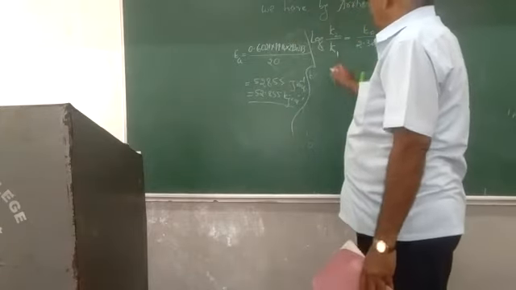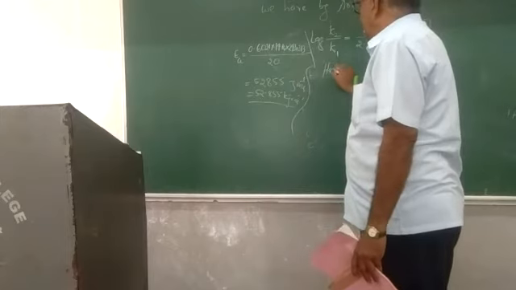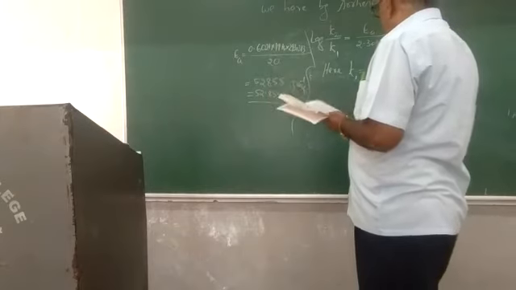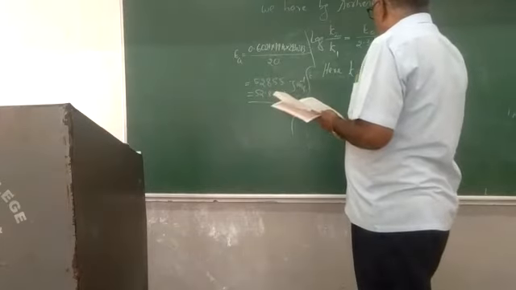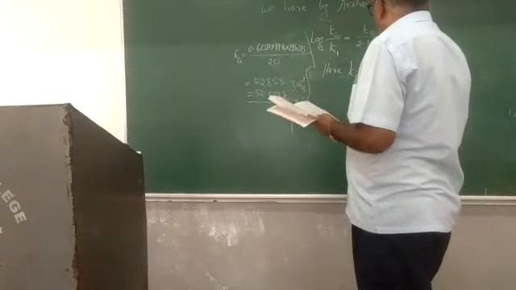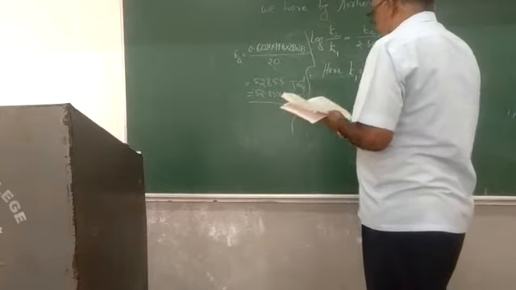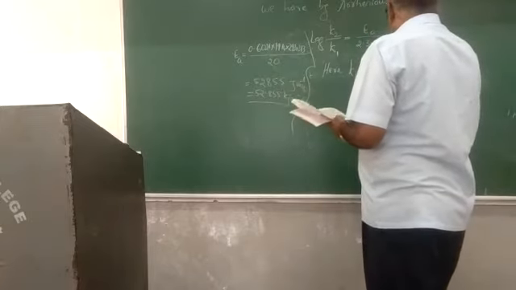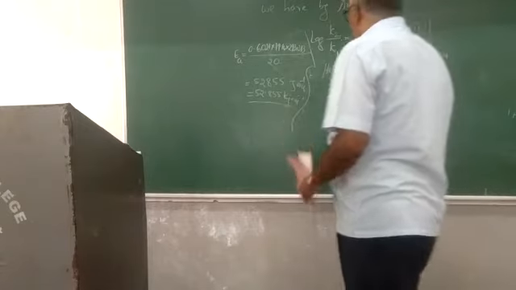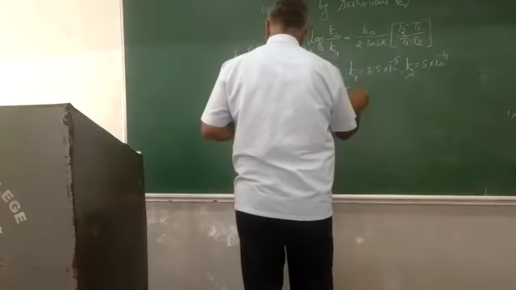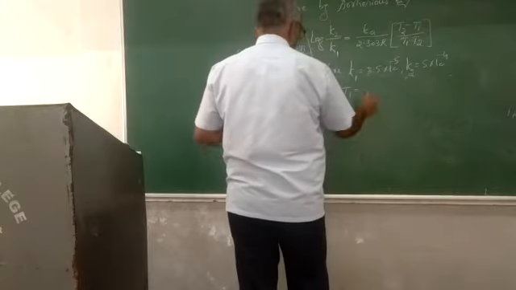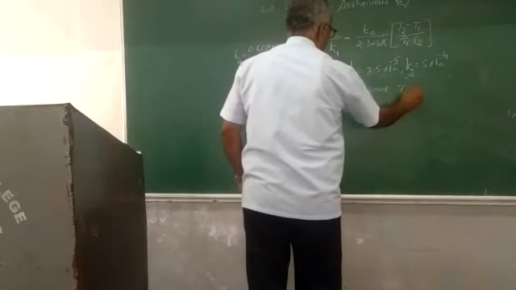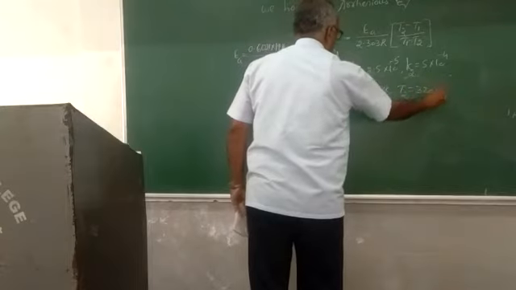Apply the same equation. Here K1 is 3.50 into 10 to the power minus 5 and K2 is 5 into 10 to the power minus 4, and T1 is given, that is 300 Kelvin and T2 is 320 Kelvin.